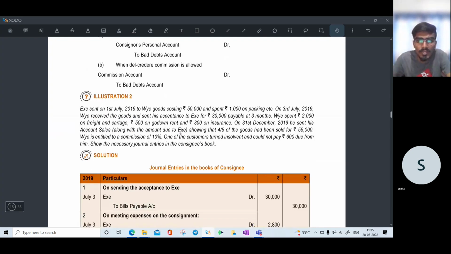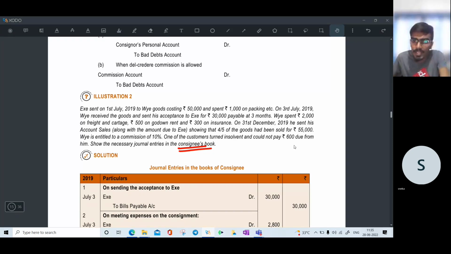Okay. Now the same question. What is the change? They are asking in the consignee's book. Pass the necessary journal entries in the consignee's book. Those who are watching recorded classes, also just put the consignee's account.